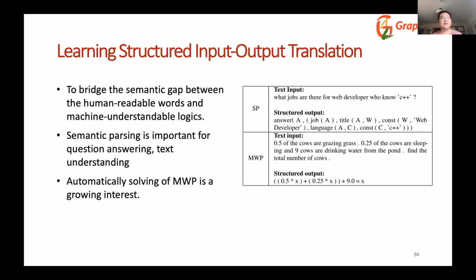Beyond learning the mapping between a graph structure input and a sequence output, many other NLP applications go even further, where you try to learn a structure input and a structure output. Here are two different applications: one is a semantic parser, the other is the math word problem. You can see that the text input can be wrapped as a graph, as we discussed many times before.